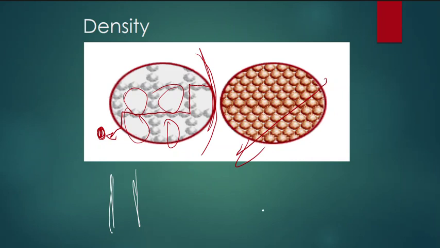Now I have windows that have between the two panes a vacuum. That means nothing. So in order for the heat to move, it has to go into the window, go up the frame, through the frame, and down the other side of the window and out.